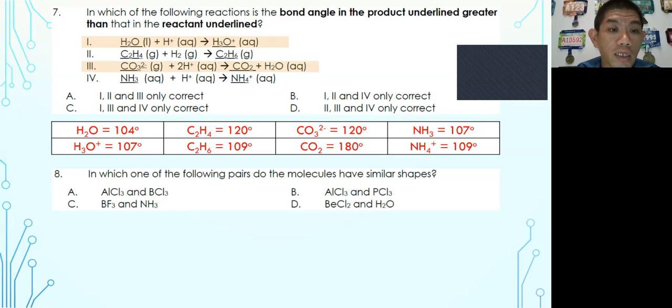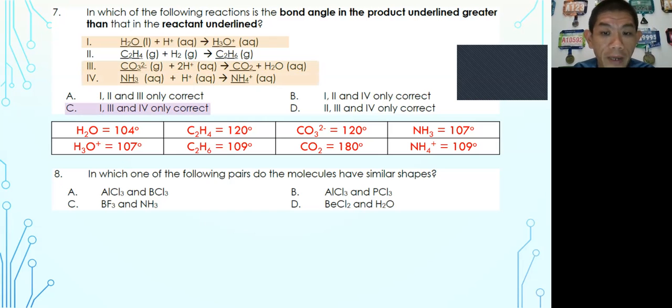And NH3 here is trigonal pyramidal, while NH4 here is tetrahedral. So the angle in between NH3 and NH4 is 107 and 109. So it's going to be greater. So it's also one of our choices. So the best answer in here is 1, 3, and 4 correct. Okay, then this is number 7.